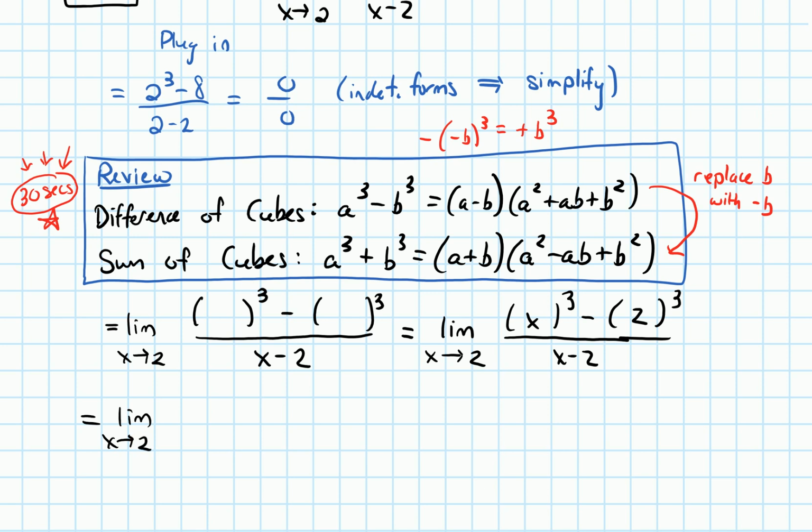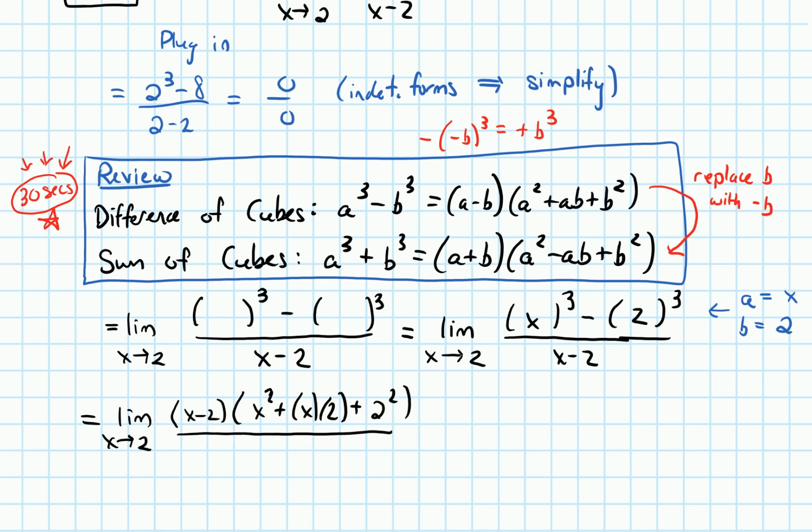So we have the limit as x approaches 2. In my numerator, it's like my a in the difference of cubes formula is being replaced with x, and the b is being replaced with 2. So when we do that, instead of a minus b, the numerator will be x minus 2, and then a squared becomes x squared, plus ab, so x times 2, plus b squared, which is 2 squared.